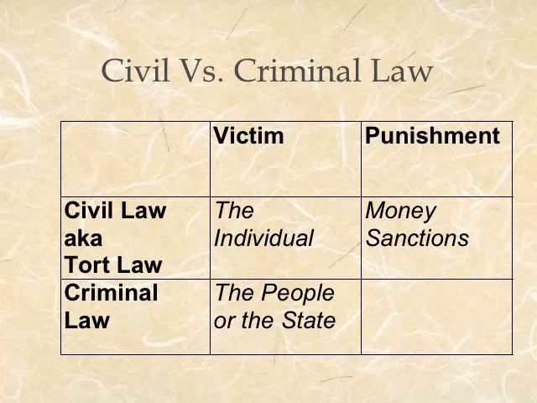Examples could be that Chrysler has suffered various sanctions in the form of recalls where they've had defective vehicles that have caused deaths, and so they have to recall the vehicle and correct whatever's wrong. That would be a sanction. Now, criminal law, on the other hand, the victim is the people or the state, and punishment is death, imprisonment, removal from office, disqualification from office, or fine, any of those things.